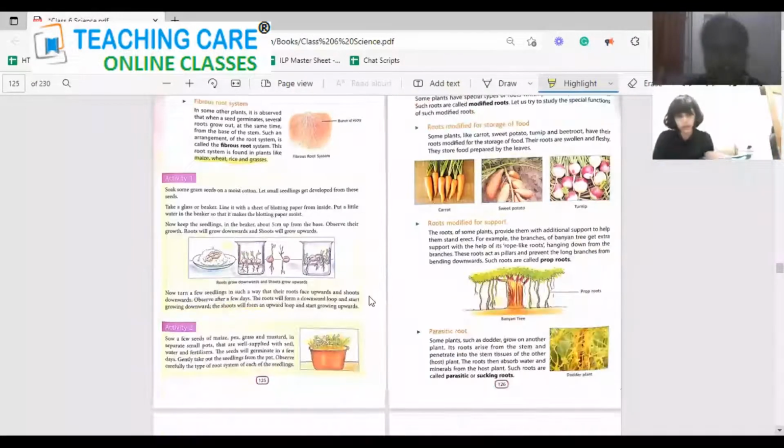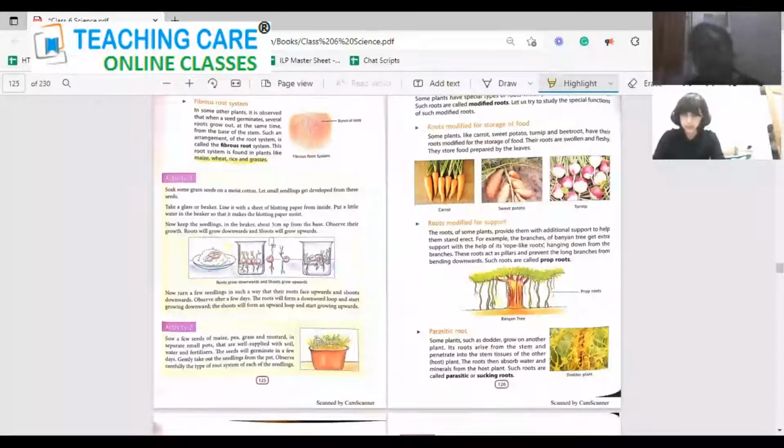Now, you can do this activity. You can take one bean plant, keep it in wet cotton, so you can see how the root is germinating. You can see one root is coming out of the seed. That is the taproot.